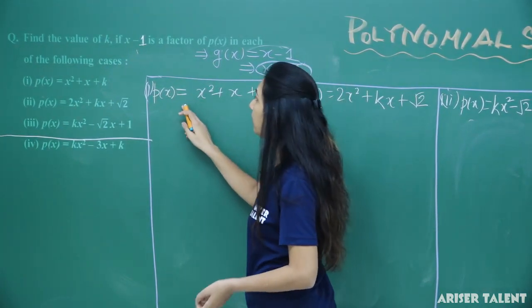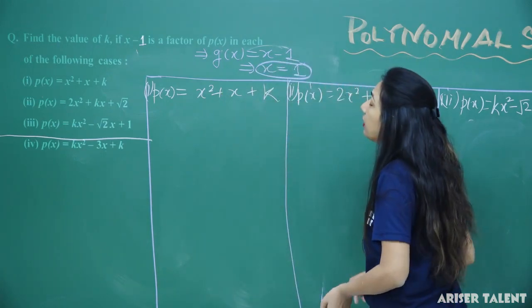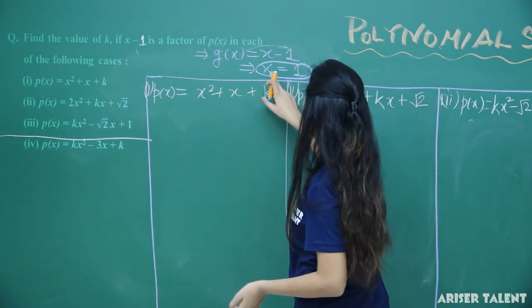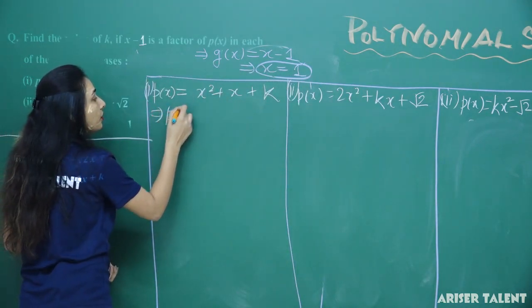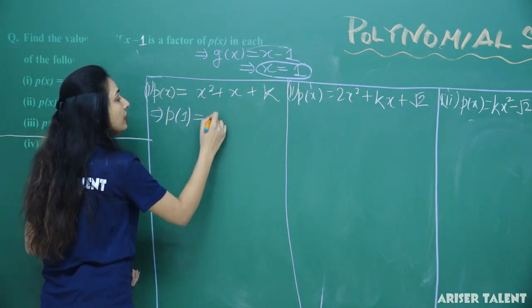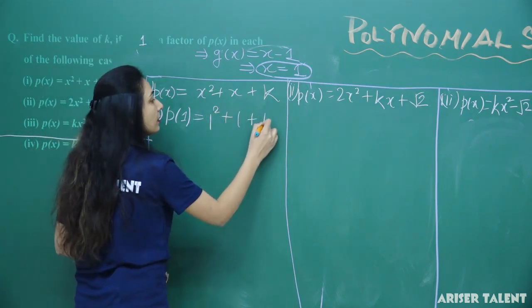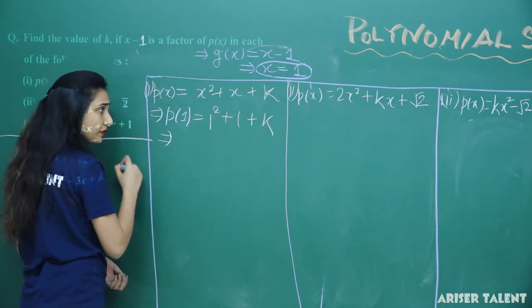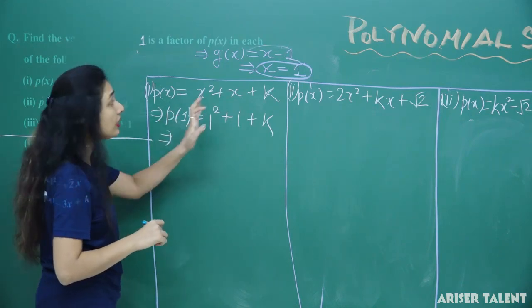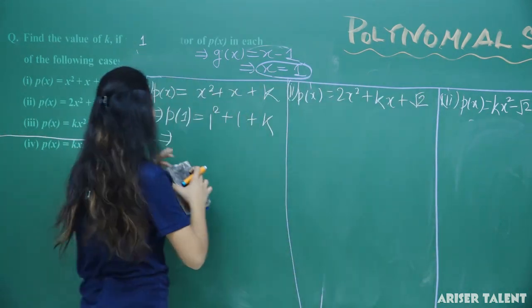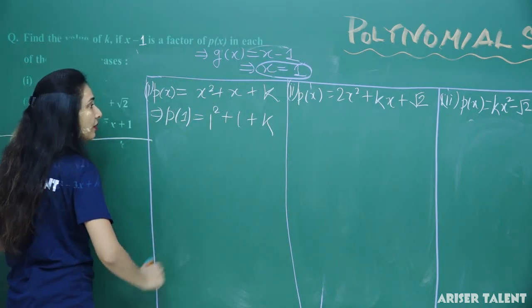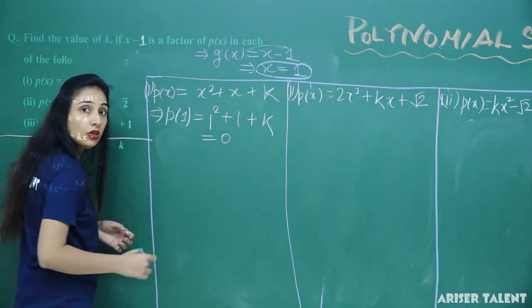So for this p(x) equals x square plus x plus k, what do we have to write? x equals 1. If you write p(1), that will be 1 square plus 1 plus k. Now this is equal to 0. Why?